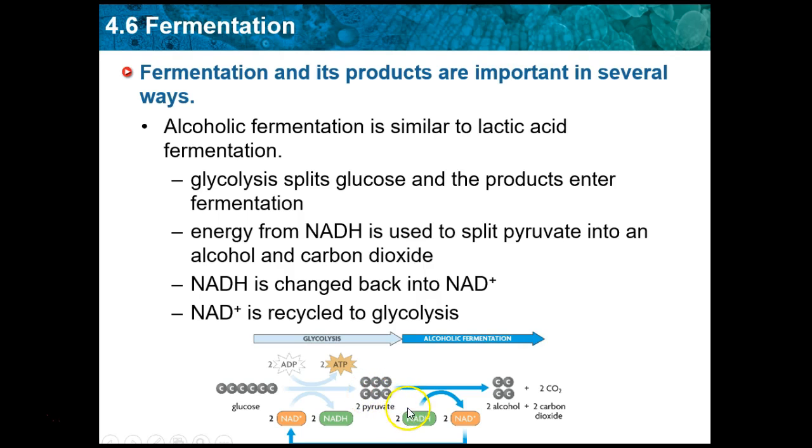The pyruvates then enter into the alcoholic fermentation process, which is similar but not exactly the same as the last process we talked about, because what we wind up with is two-carbon alcohols and 2 carbon dioxide. So the end result of alcoholic fermentation is two-carbon alcohols and 2 carbon dioxide. We also end up with NADH that's broken back down into NAD, which recycles back through the process so that glycolysis can begin again, and this can all just keep happening.